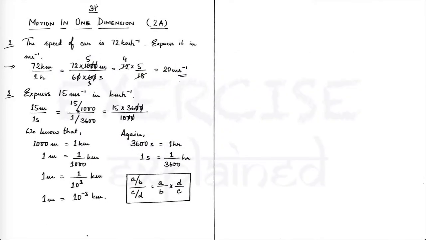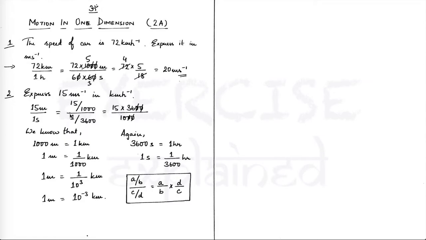So this is of the form A by B divided by C by D. You can see A is 15, B is 1000, C is 1, and D is 3600. So A by B divided by C by D is nothing but A by B into D by C. We multiply with the reciprocal.